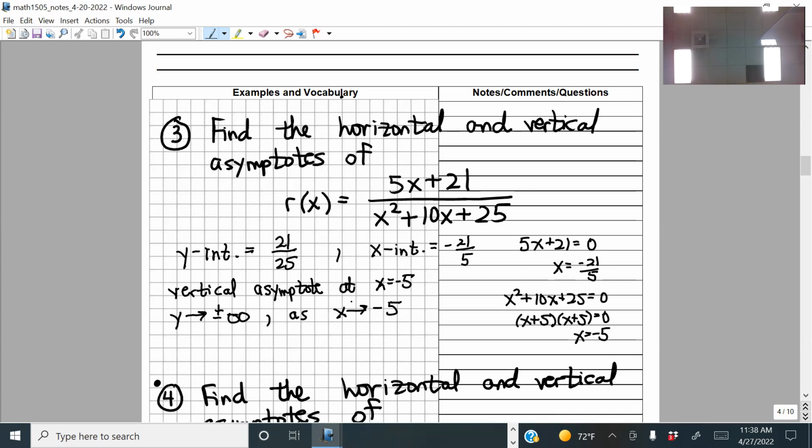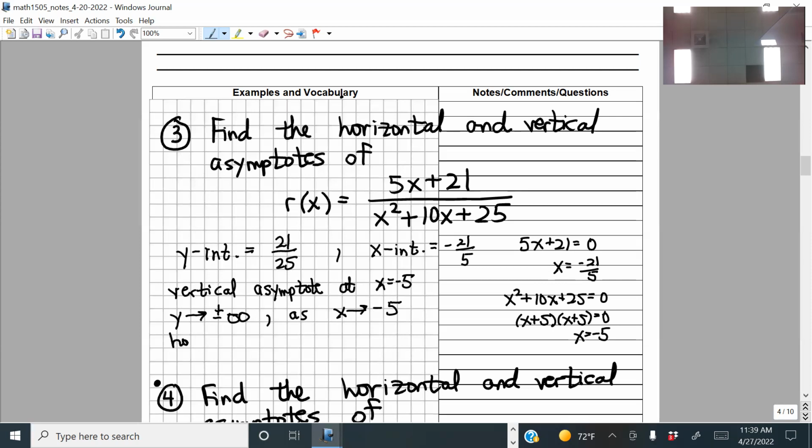No equations to solve here. So what's the degree of the top? 1, not 0, 1. What's the degree of the bottom? 2. So degree of the top less than degree of the bottom. So what happens in that case? Paul? Y equals 0, right. The x-axis, y equals 0, is the horizontal asymptote.